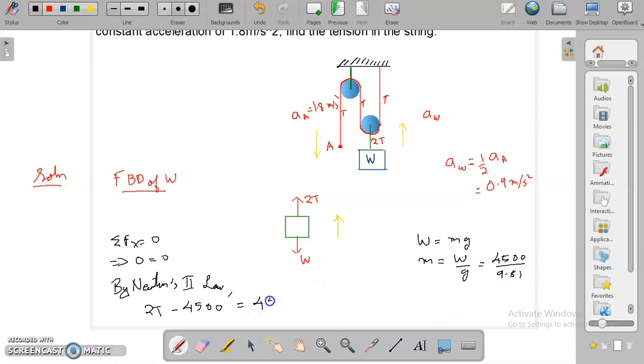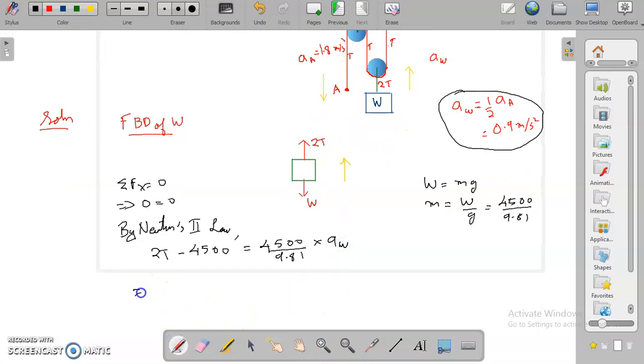So mass into acceleration means 4,500 by 9.81 into the acceleration of W, which is 0.9. Substituting that, 2T minus 4,500 equals 4,500 by 9.81 into 0.9, and from here you get the value of T as 2,456.42 Newton.